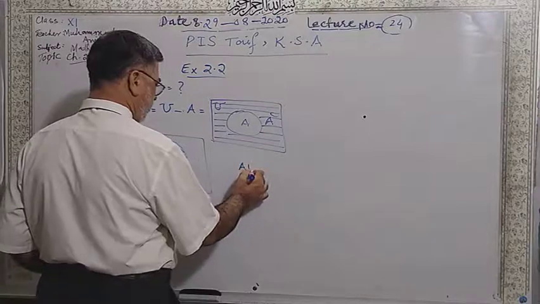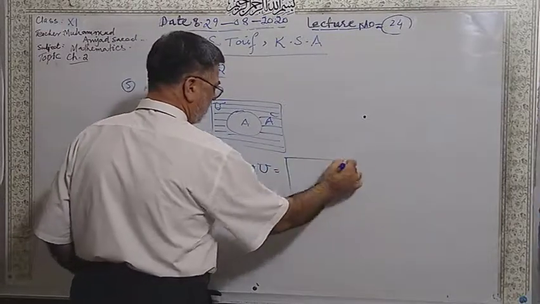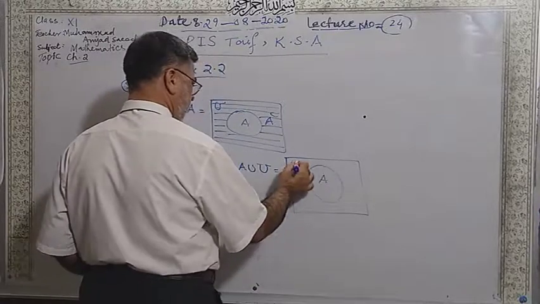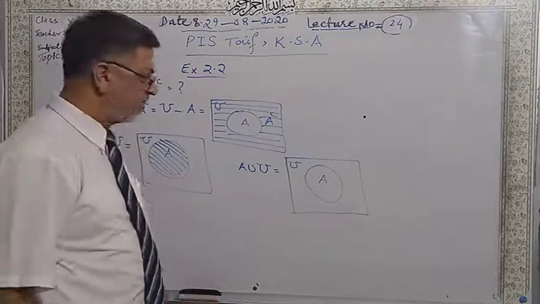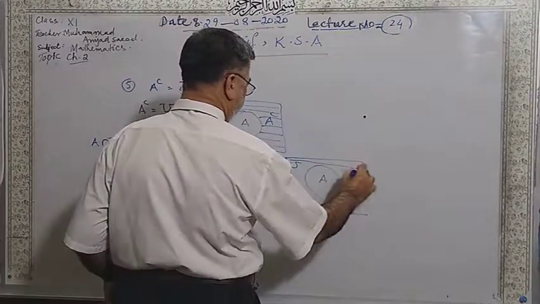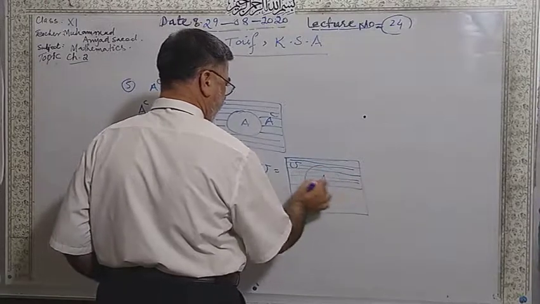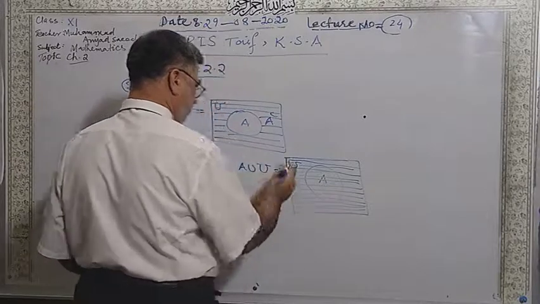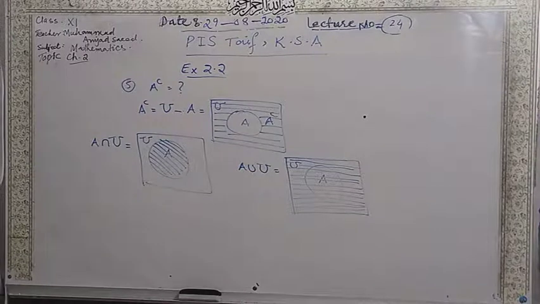And A union universal. Union means to combine the sets. Universal and A are combined to get A union universal.